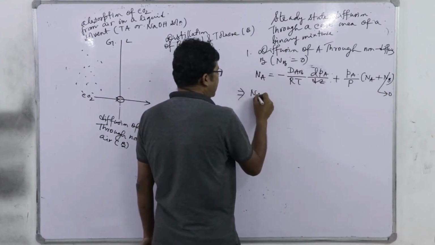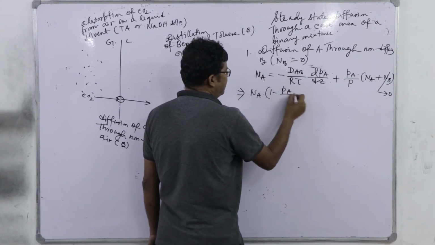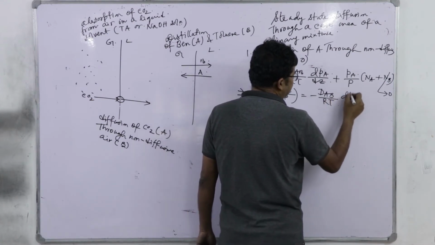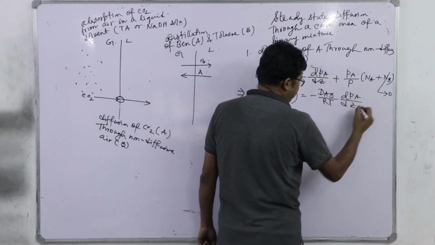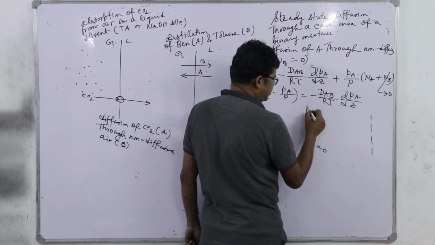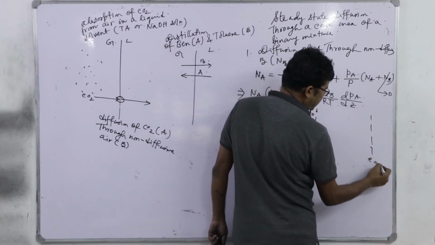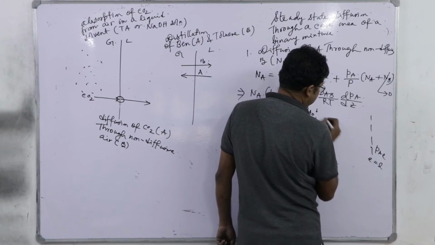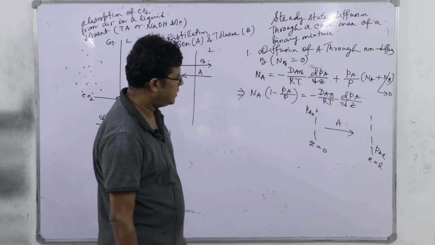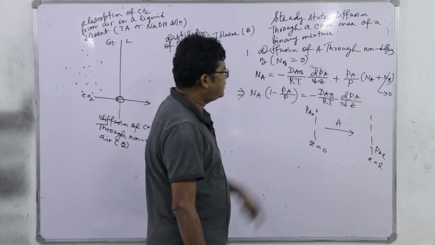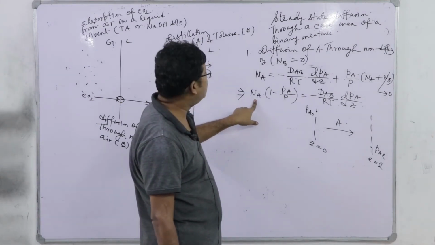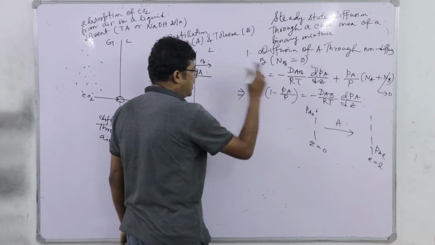So, Na into 1 minus PA divided by P is equal to minus of DAB by RT dPA by dZ. Now, we consider a domain Z equal to 0, where it is PA0, and Z equal to L, where it is PAL. So, diffusion of A takes place in this direction. We will integrate this equation from Z equal to 0 to Z equal to L, considering Na to be constant because it is steady state. So, Na remains constant.